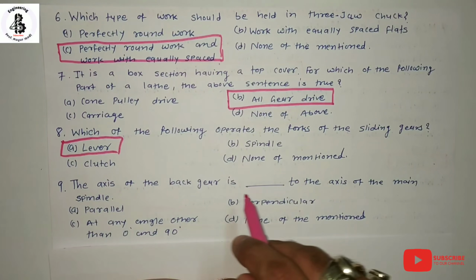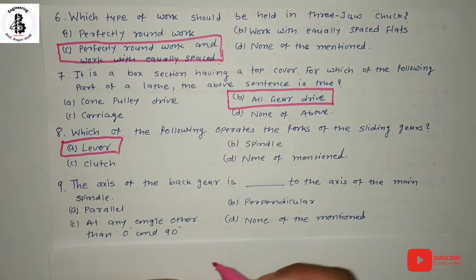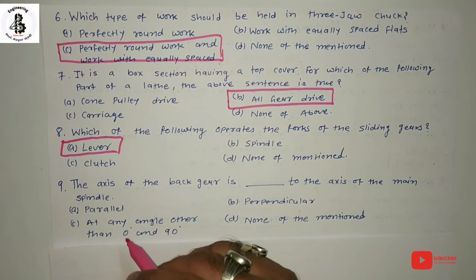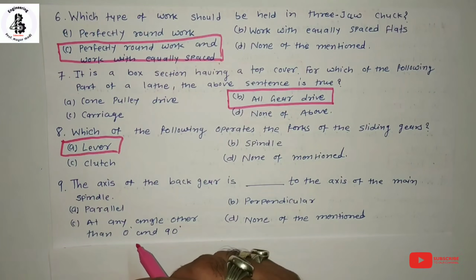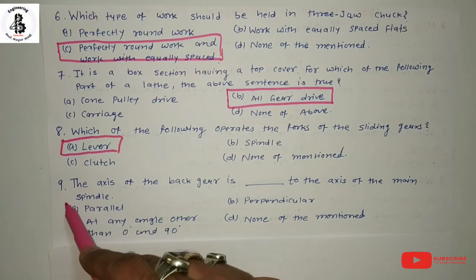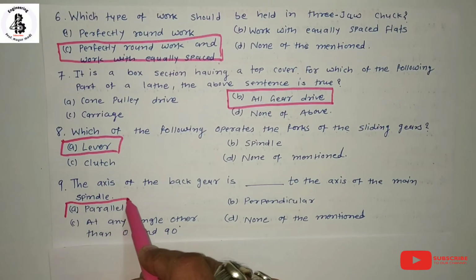Basically, the axis of the back gear is always parallel to the axis of the main spindle, transferring the motion from the driving shaft to the driven shaft.